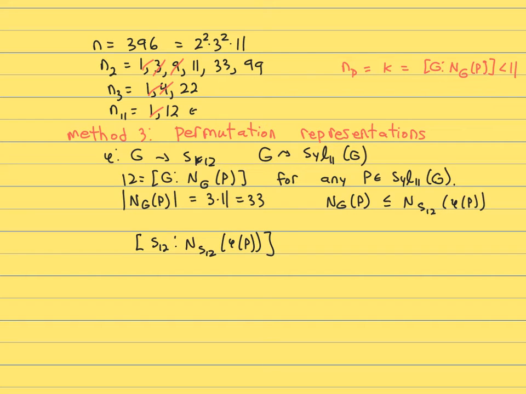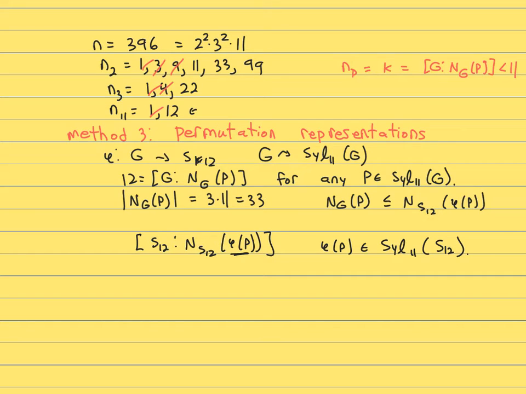So what is the order of phi of P? Well, P has order 11. Phi of P also has order 11. This is a Sylow 11 subgroup in S12.